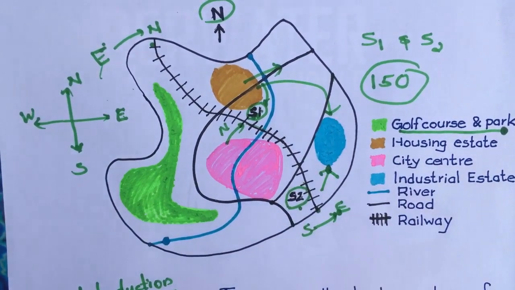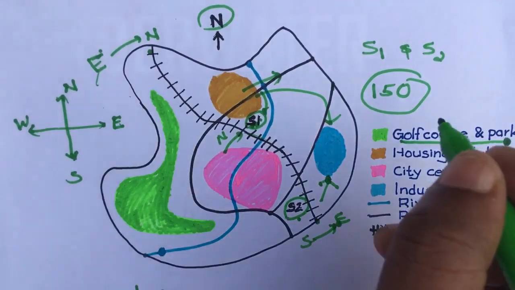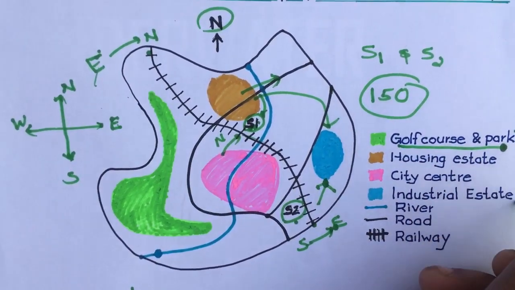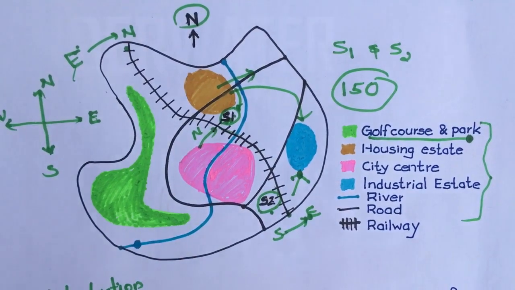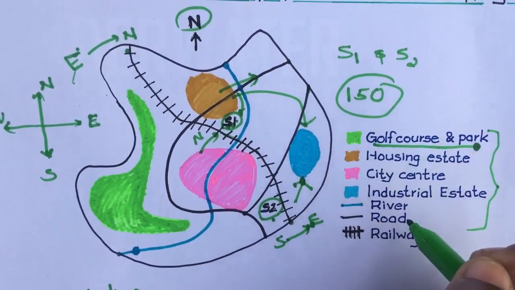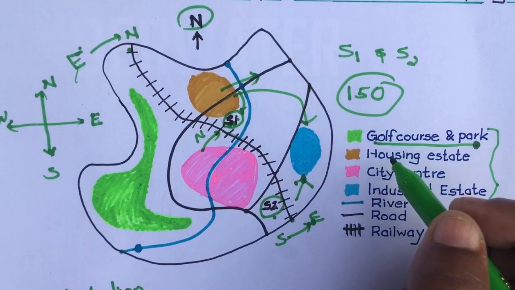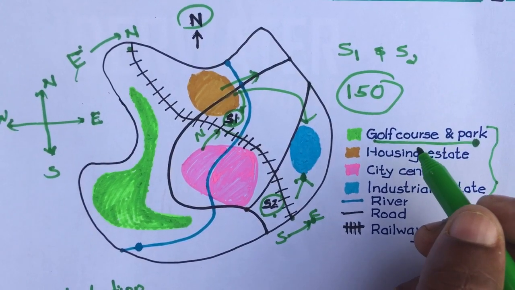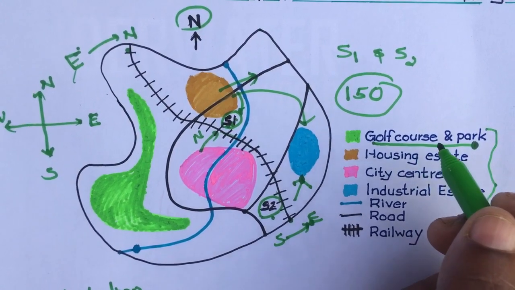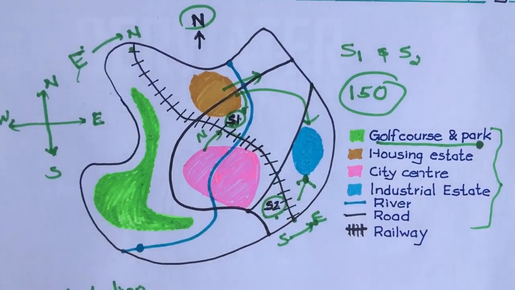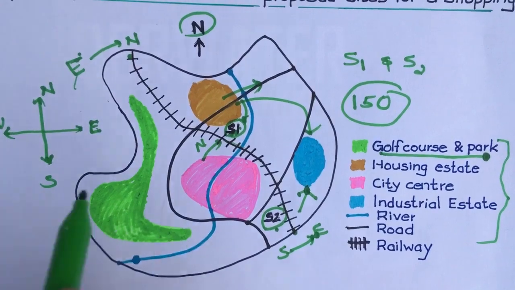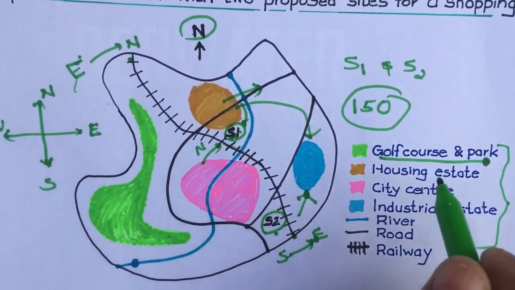So keep in mind that whatever things they have given in this task, always write about all these things in your writing. Don't skip any single element. Use everything. So we didn't talk about the golf course and park, right? So we are going to talk about a large golf course and park.